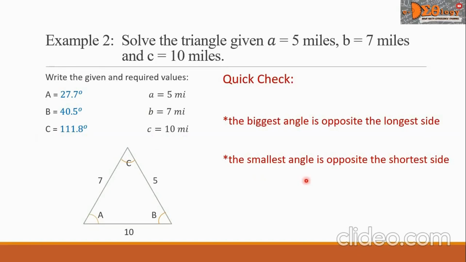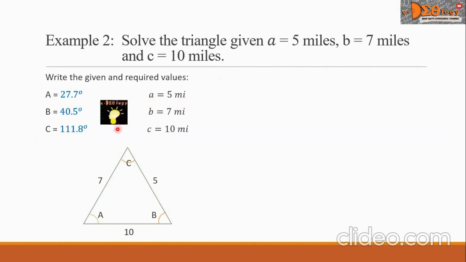The smallest angle is opposite the shortest side. We can see here that the smallest angle is angle A, which is 27.7 degrees, and the shortest side is side A, which is 5 miles. So this is our final answer.